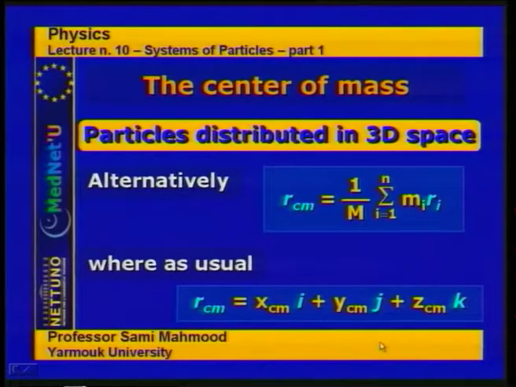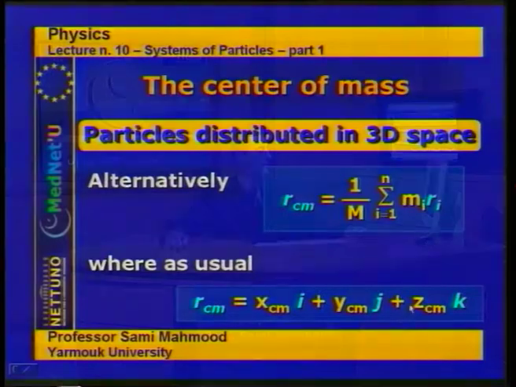As usual, the center of mass position, R sub center of mass, is equal to its x component in the i direction plus y center of mass in the j direction plus its z component in the k direction. So this is just written in vector form.